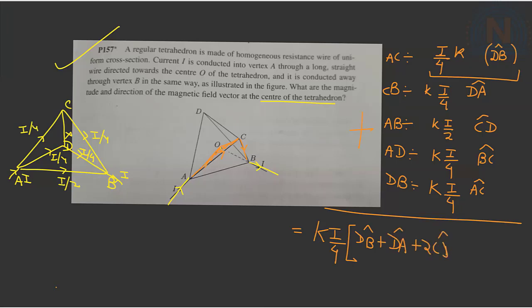So finally, when I have to write the field because of these 5 edges, K was common, I by 4 was common. I got terms like DB cap plus DA cap plus 2 CD cap plus CD cap plus BC cap plus AC cap. That's what we got.